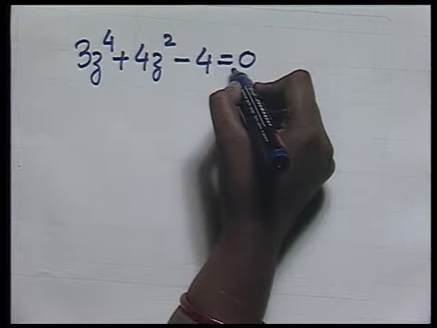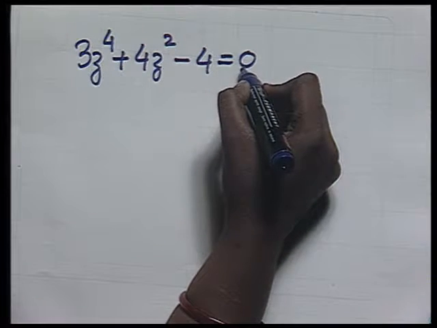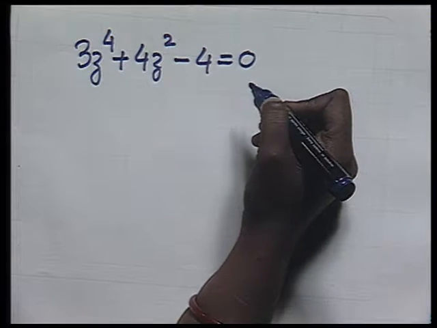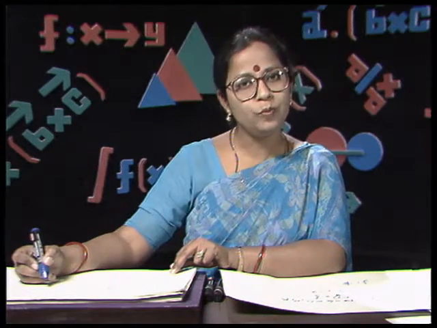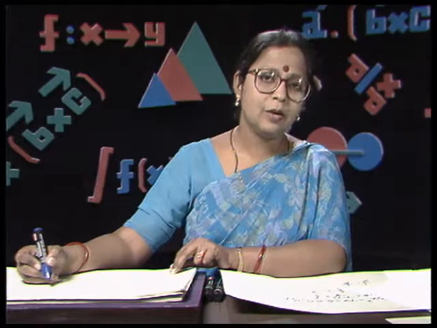As you can very well see, this is not of quadratic form. So, how do we solve such equations? Either we find a new way to solve such an equation, or we try to reduce it to quadratic form, so that we can solve it by the methods we know.